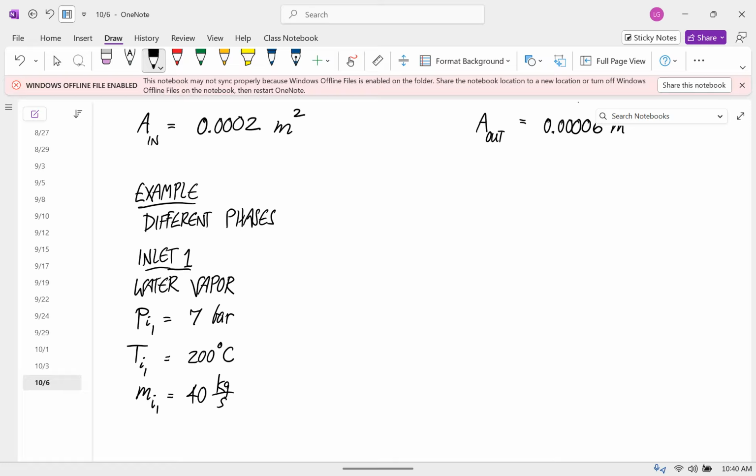Then we have a second inlet where liquid water is coming in. So this is liquid water. At inlet 2, the pressure is also 7 bar.